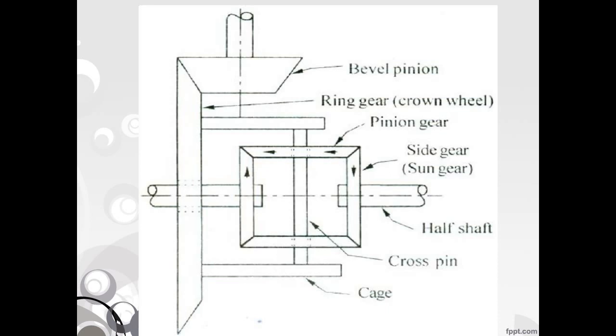When the propeller shaft turns the bevel pinion, the pinion will turn the crown wheel. The crown wheel in turn will revolve the differential cage and cross pin. Axle side gears would still not turn without the two differential pinion gears that mesh with the side gears. The revolving cage will turn the axle side gears with it. When the vehicle is going straight ahead, the crown wheel will turn the cage.